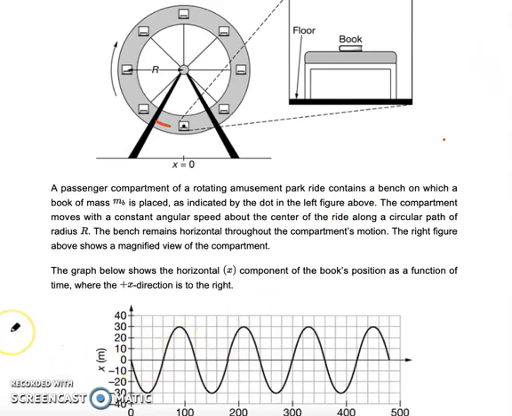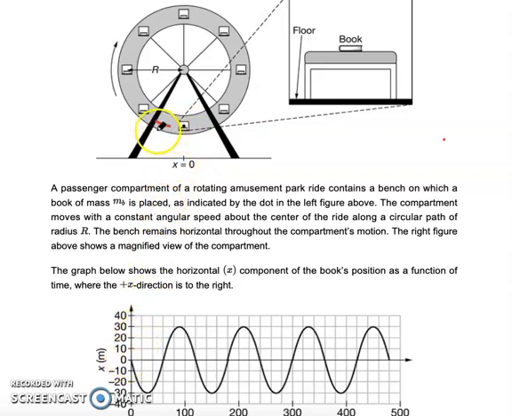Okay, so let me get as much of this in the frame as possible. Let's make sure we understand the setup. If I'm looking at this particular book, and we're just looking at where it is horizontally compared to x equals 0, we can see at time 0, it's at position 0.